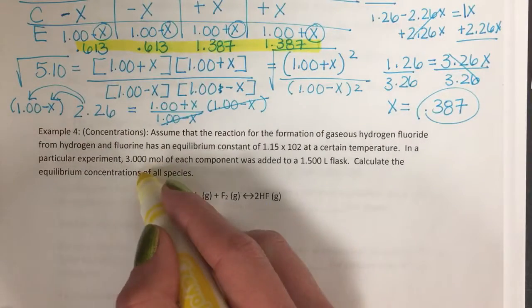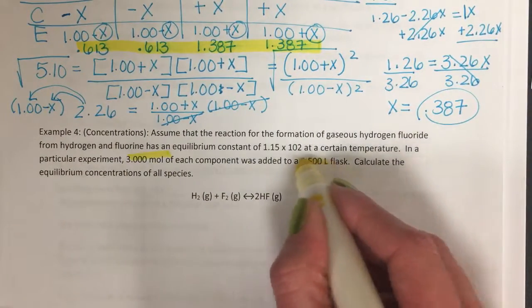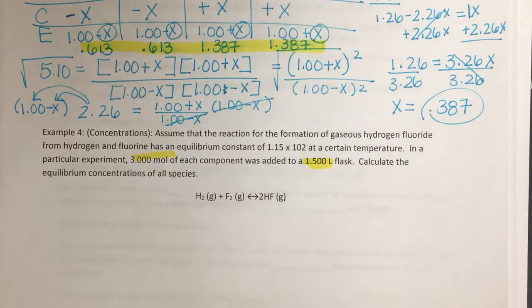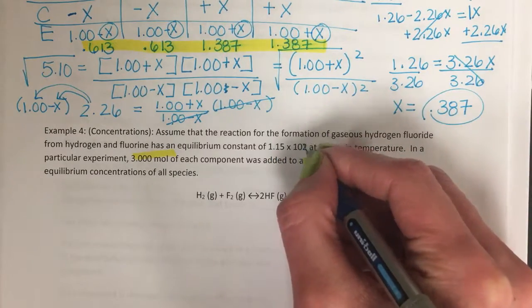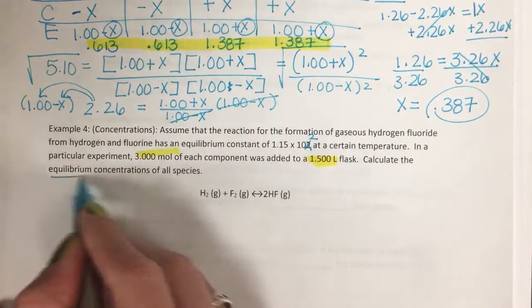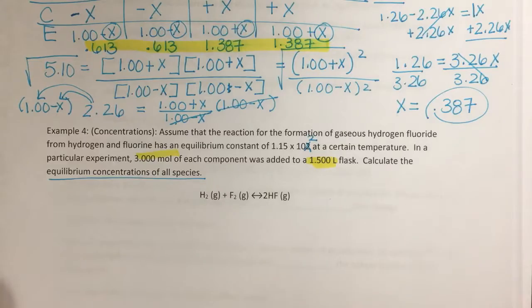My molarity here, I'm given moles per 1.5 liters. So don't forget to calculate your molarity. Make sure you change your KEQ times 10 to the second instead of 102. This will take some time. Be patient. You're going to tell me how much of everything you have at equilibrium. Solve using your rice table.